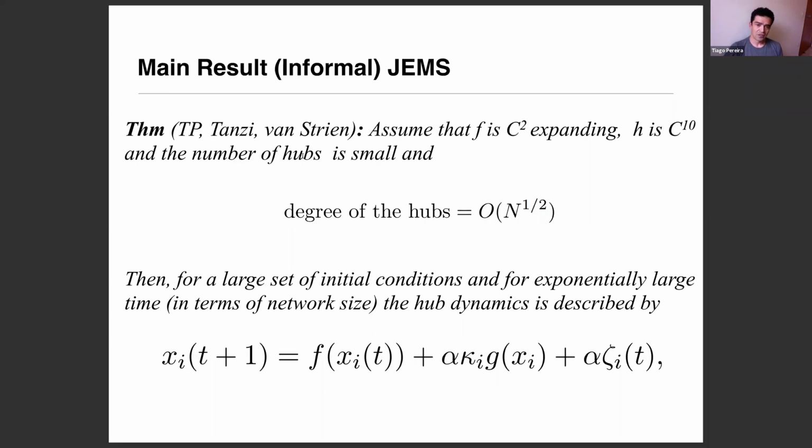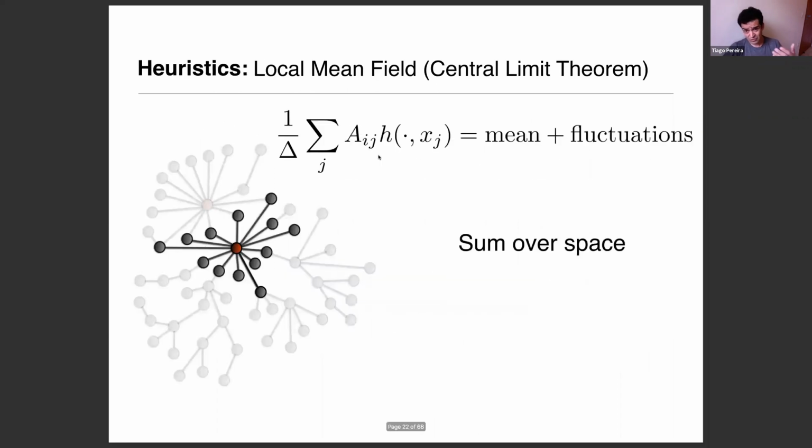Okay, now what I'm trying to do, informally, is make this argument slightly precise. What I told you is that I want to replace the interactions of the hubs by some kind of local mean fields plus fluctuations.